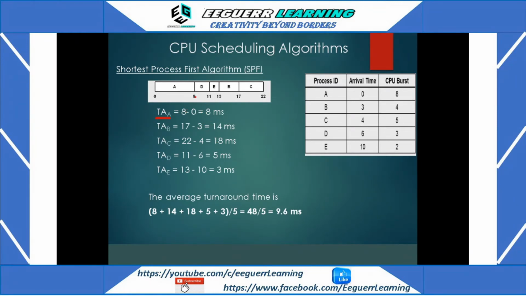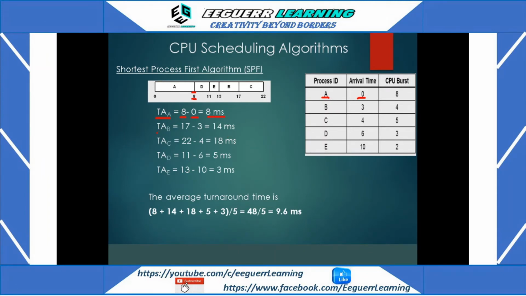So we're going to look at the head part of our letter A. The head part of letter A is this one, and the value is 8, and we place 8 here. And we look at the process A and look for the arrival time of 0 and place it here. Then subtract 8 minus 0 is 8 milliseconds.